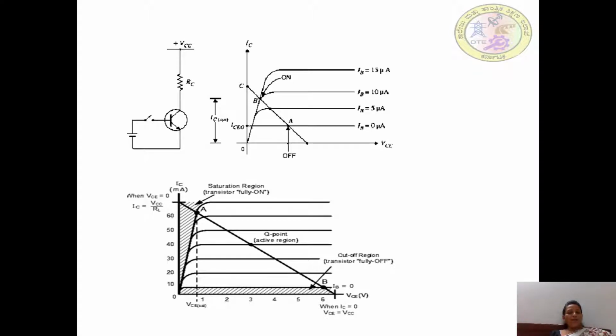When the transistor is switched on, the collector current increases from ICEO towards IC saturation. Similarly, when the transistor is switched off, the collector current decreases from I saturation, the maximum current, towards the minimum current, ICEO, that is the leakage current due to the minority charge carriers.